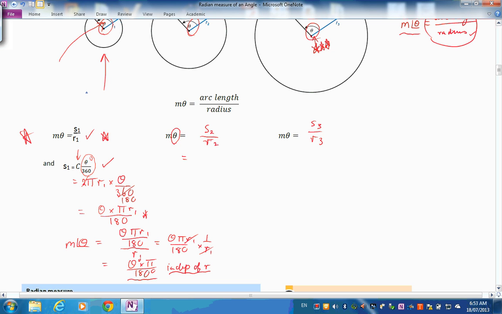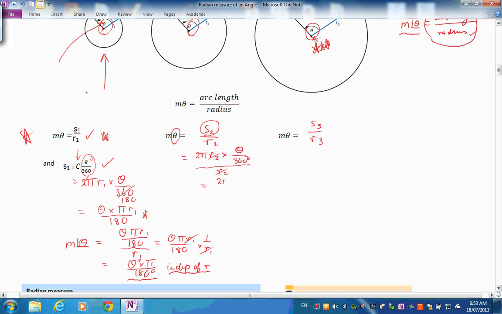Here we're going to substitute for S2 the arc length, so it's a proportion, and this is R2 now. What portion of the whole revolution have we got to get that arc length? Theta over 360 times 2 pi R2, divided by R2, and that's going to cancel.